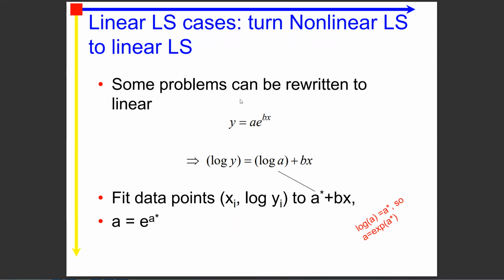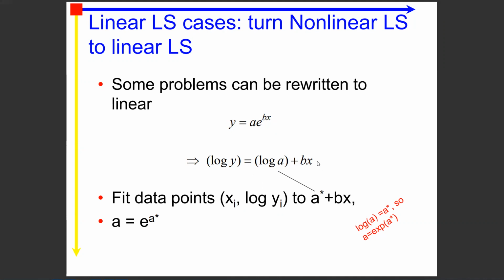So let's say we have a problem which contains some sort of complicated formulation like an exponential. So we have some sort of a e to the power b x, I'm sorry, b x. If we take a logarithm on both sides, log of y and log of a e to the b x, you would eventually find that this side is log y and the other side becomes just log a plus b x. So the exponential form falls away by logging, mathematically equivalent.